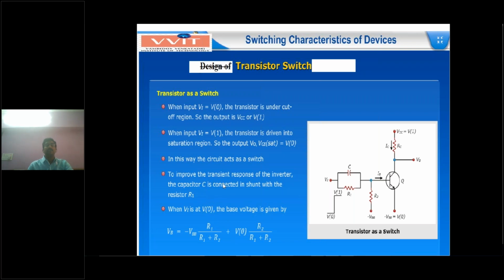In this operation, you have to find out the base voltage VB, the base-emitter terminal node voltage. VB equals minus VBB into R1 by R1 plus R2, plus the input voltage V0 into R2 by R1 plus R2. But I am assuming V0, the input lower level, is 0.